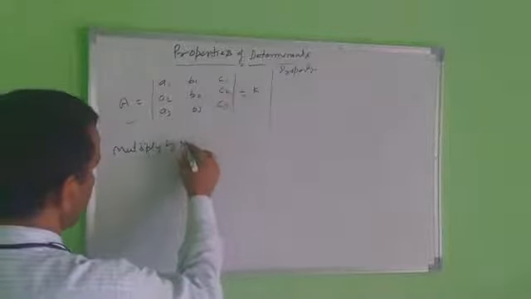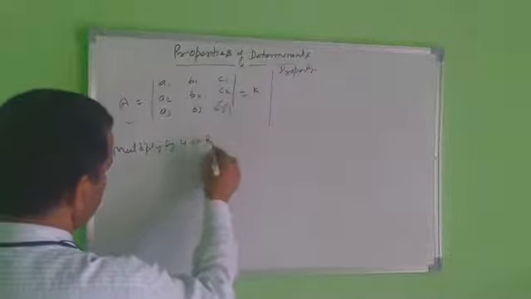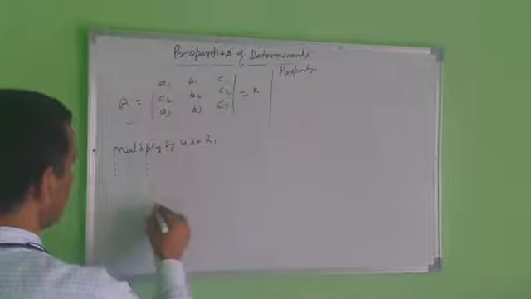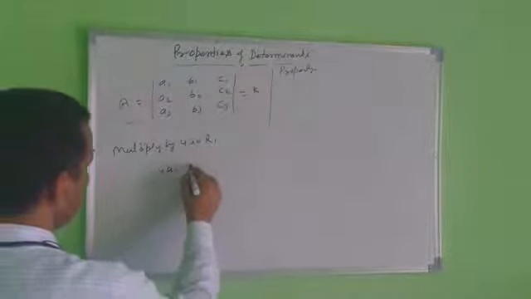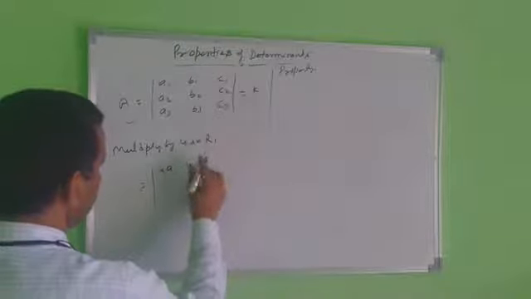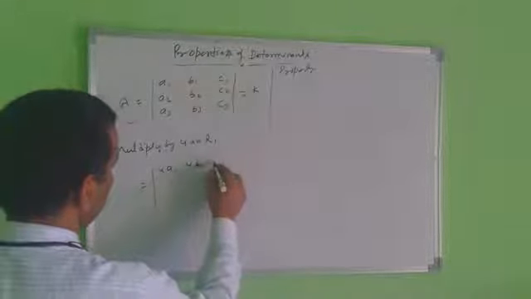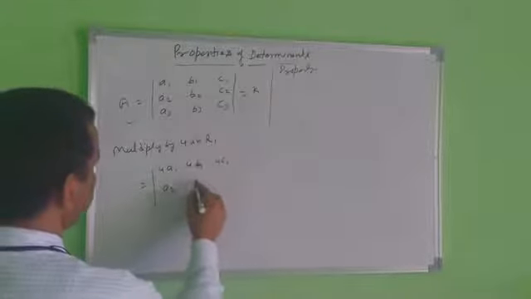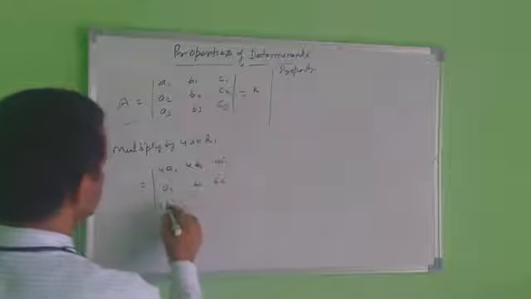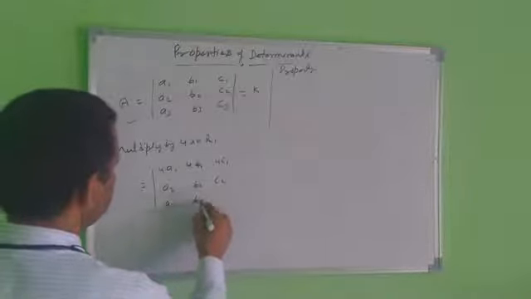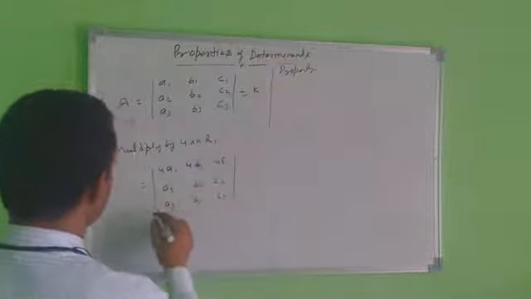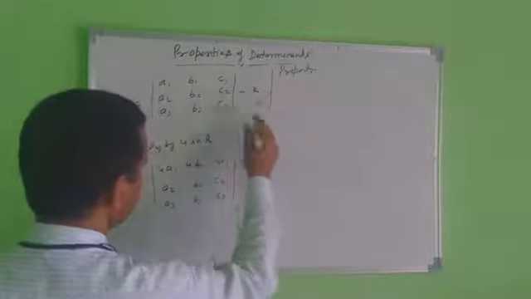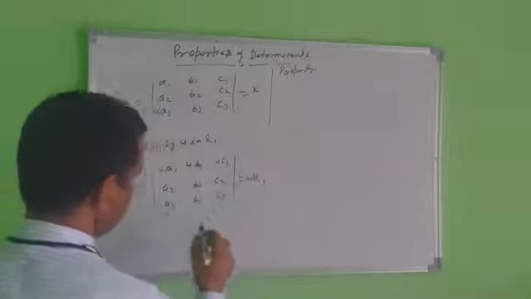The first row becomes 4A1, 4B1 and 4C1, with A2, B2, C2 and A3, B3, C3 unchanged. The original result is k, and this result is 4k.